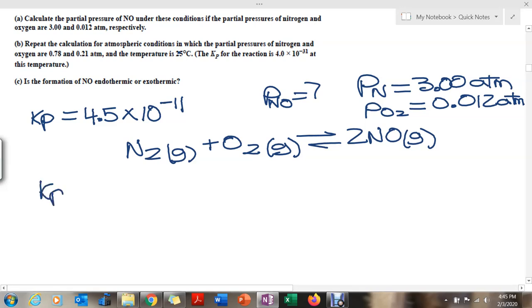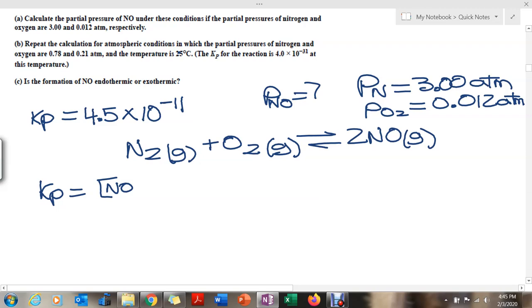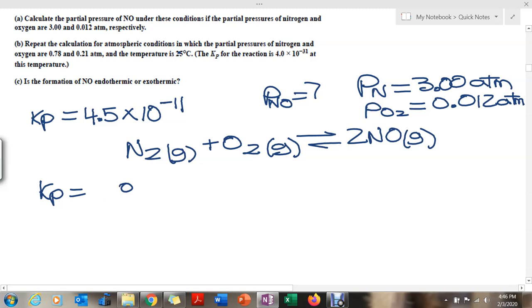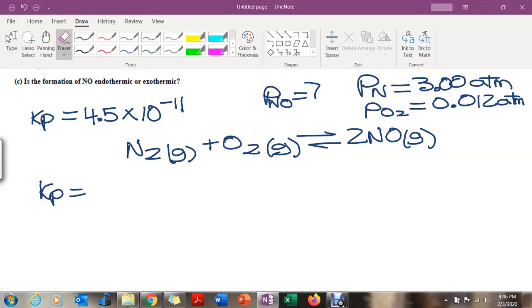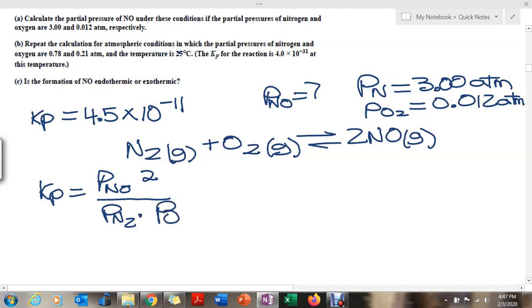So the first thing, write the expression for Kp, and it's the products over the reactants. So you got the partial pressure of NO, not the concentration. NO is squared because the coefficient is 2, divided by the partial pressure of N2 multiplied by the partial pressure of O2.